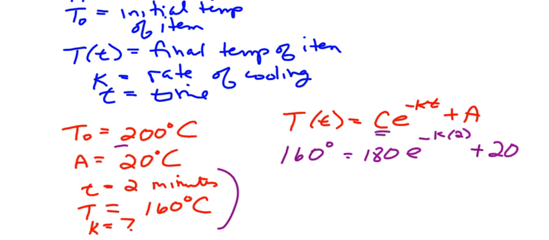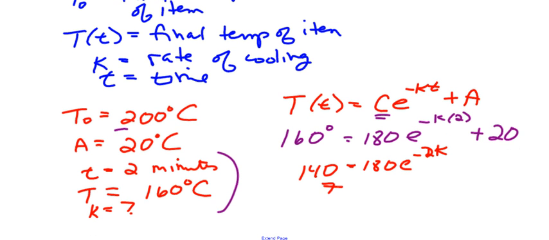So I'm given this equation, and I need to solve for K. So it becomes basic algebra. At that point, we're going to subtract 20 degrees and get 140. And then we're going to divide by the 180. I'm going to write it as that right now, 140 divided by 180. We're going to leave it in fraction form.